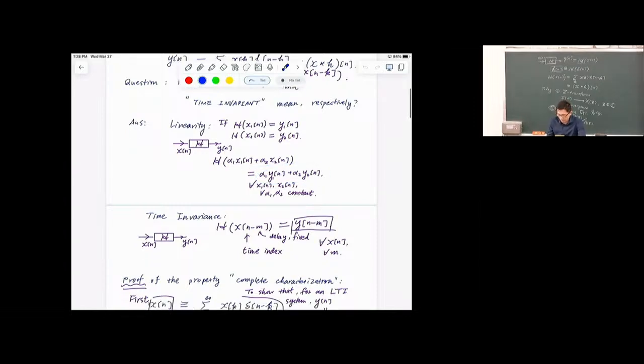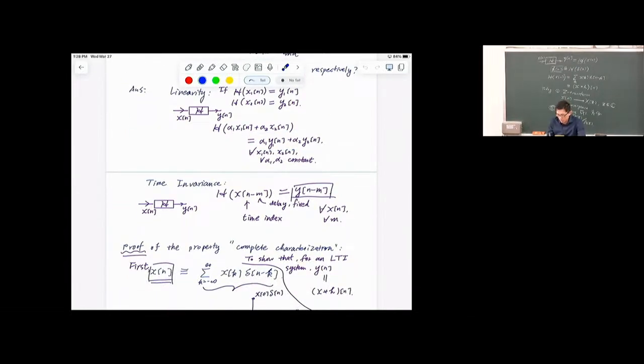And time invariance means that when we delay our signal by m samples, the output is also delayed by m samples. The system's behavior stays pretty much the same now or later. So this is the property that we call invariant against time, or time invariance.